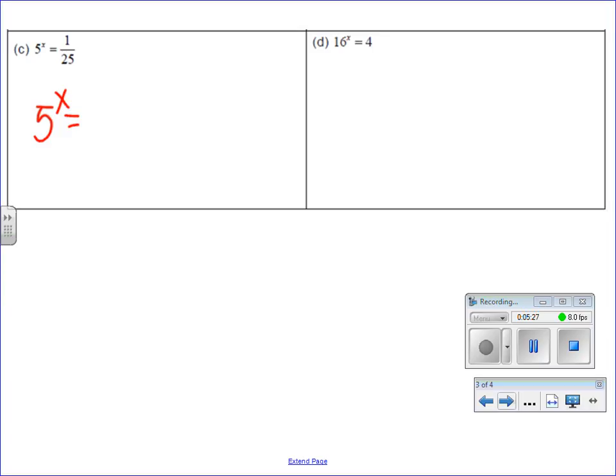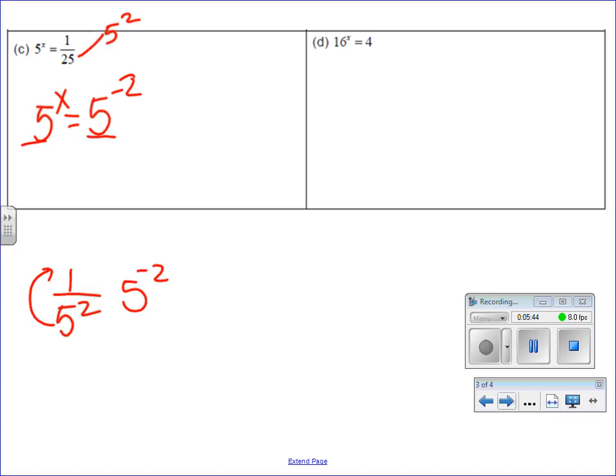Right? The number 25 can be expressed as 5 squared. And since that 5 squared is on the bottom of the fraction, we can bring it to the top by making the exponent negative. Now that both sides have the same base, x equals negative 2.